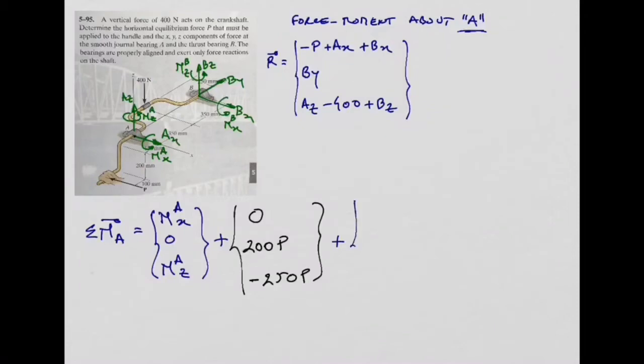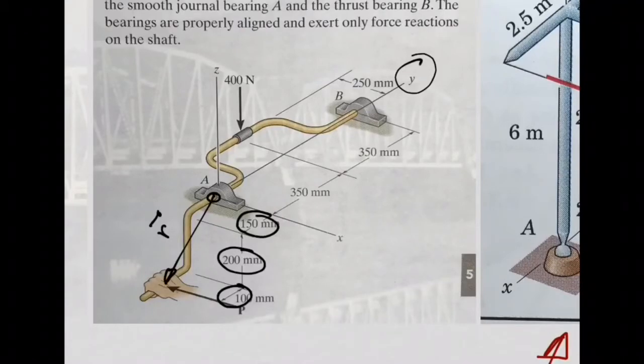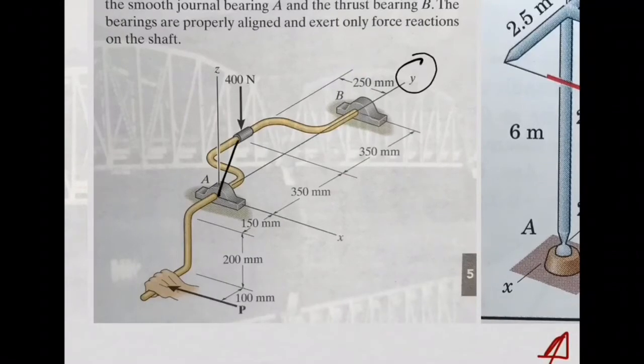So we need to have a position vector, which I'm going to define here. The position vector we need now connects point A to this point. You all agree with me? This is the position vector I need to define.